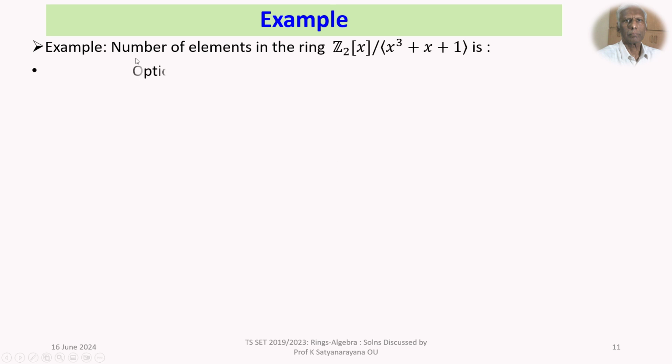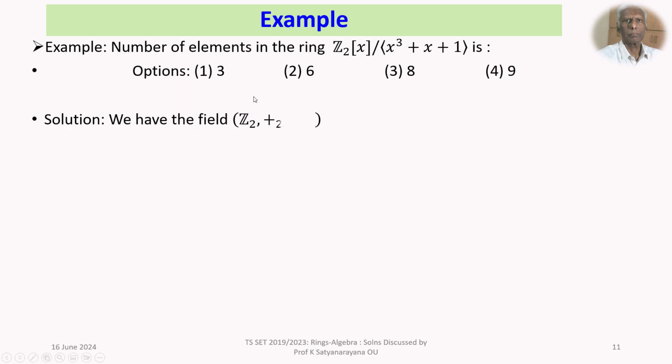Let's have an example. A good example. You have to find the number of elements in the ring Z2[x] by the ideal generated by the polynomial x^3 + x + 1. We are given 4 options. Agreed.